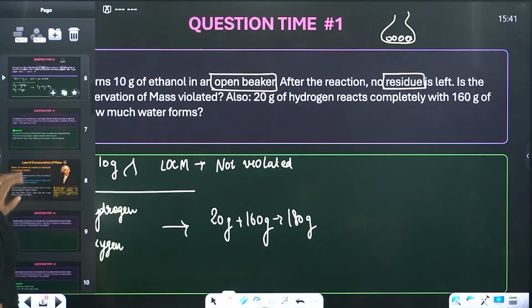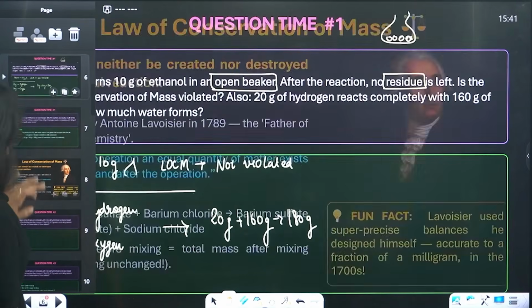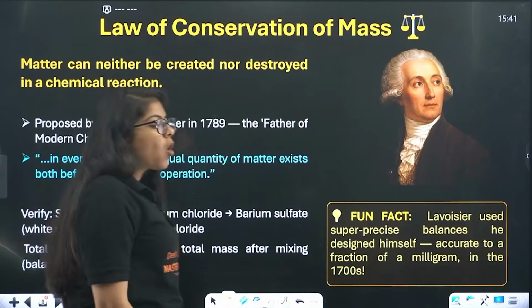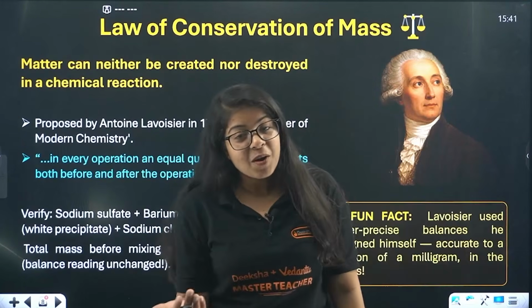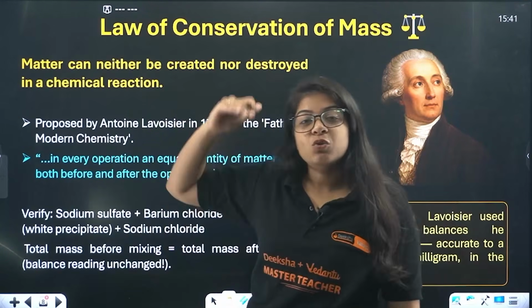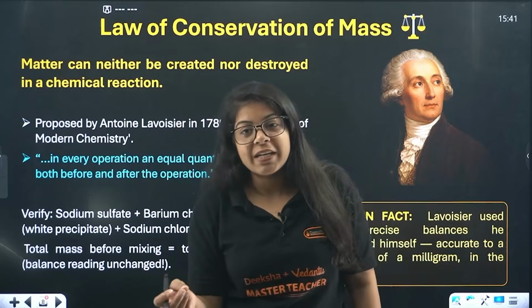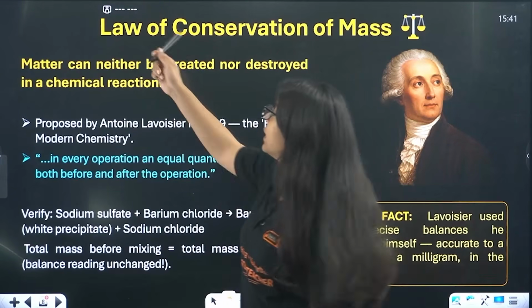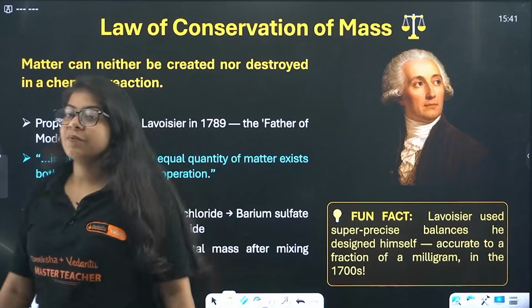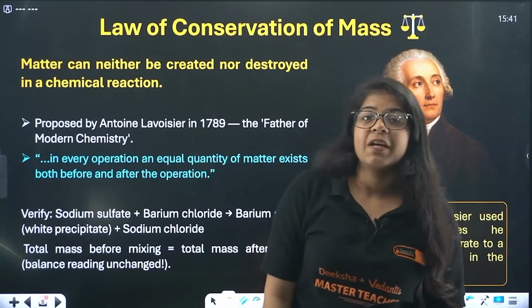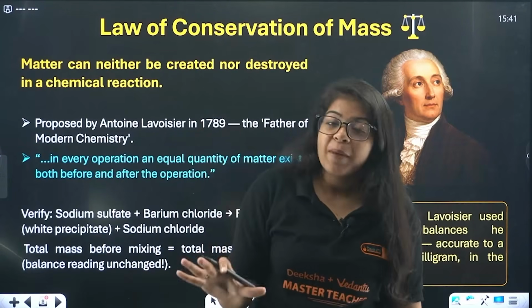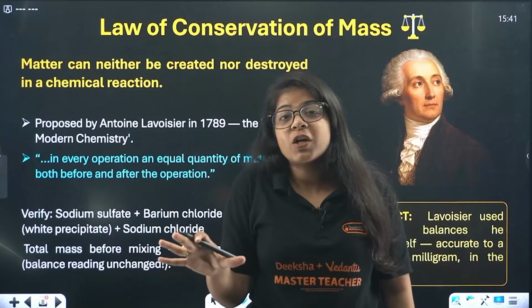Okay, let's move to the next area of our chapter, that is law of conservation of mass. We already talked about it. Now, those were the two topics that you needed to study to actually understand clearly the law of conservation of mass. You saw? Mass was conserved, the gas escaped.